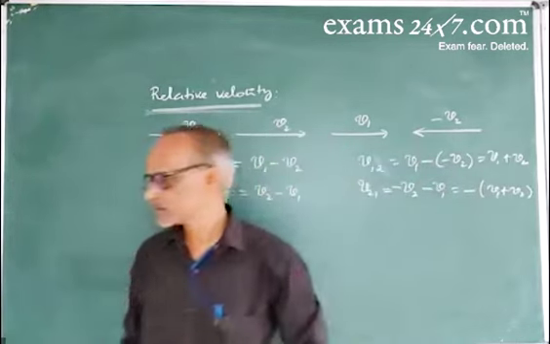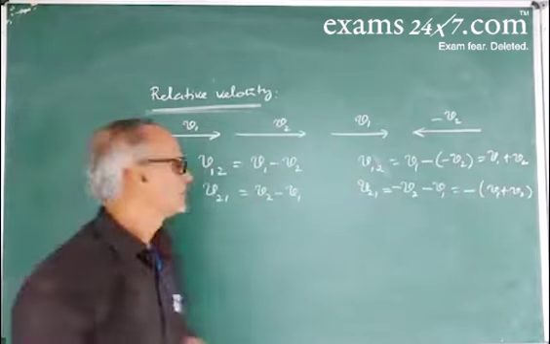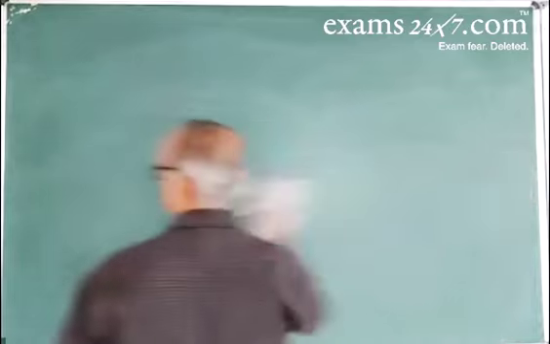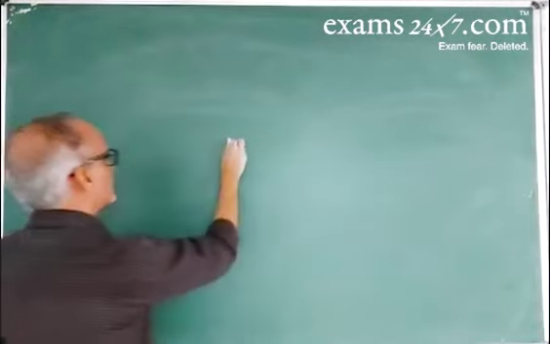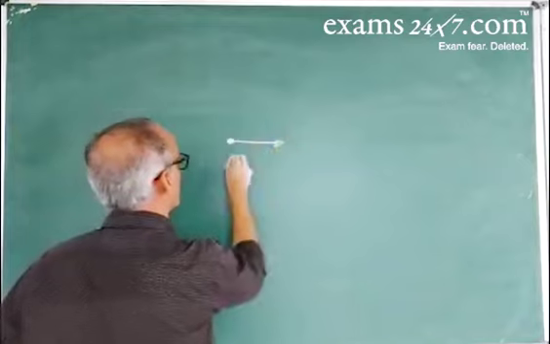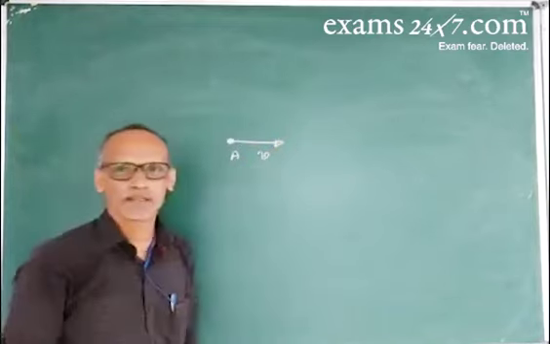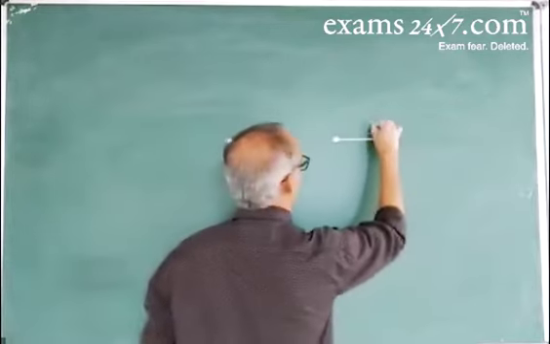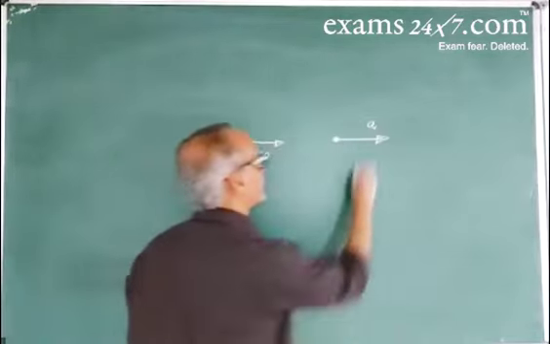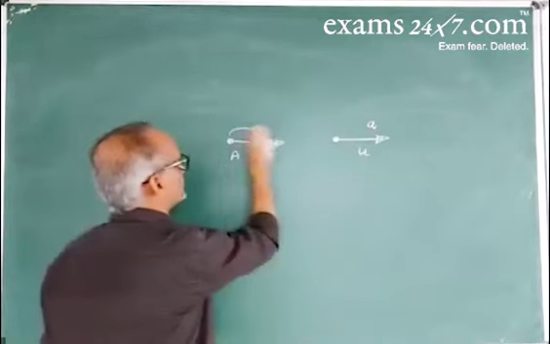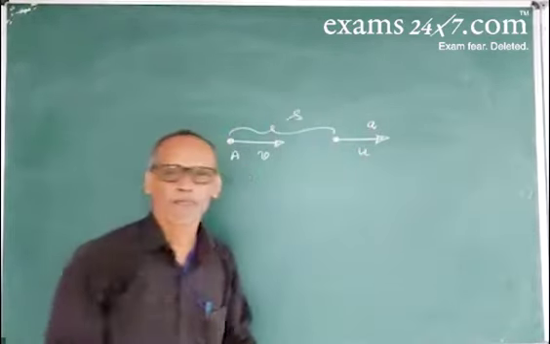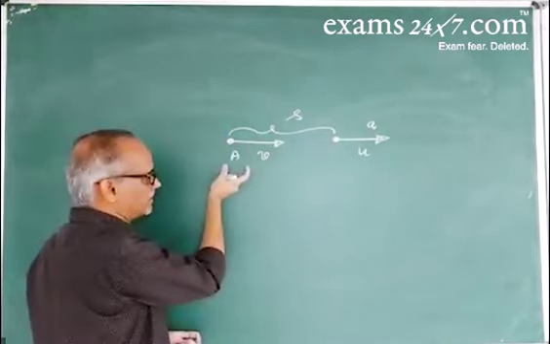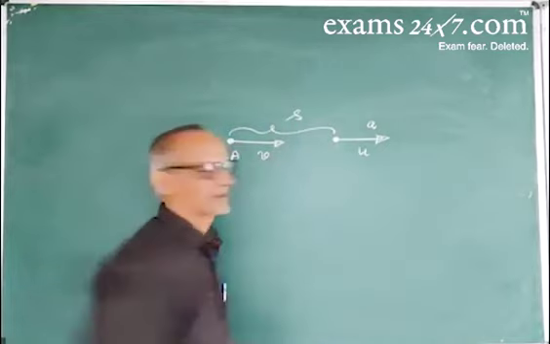And we can make use of this concept whenever two bodies move simultaneously. For example, if they give a body A that moves with a uniform velocity v, and there is one more body B moving with an acceleration a having initial velocity u, and if the separation between them is s, what is the time taken by the first body in overtaking the second?